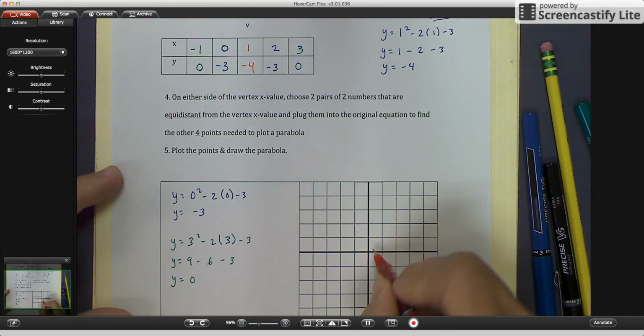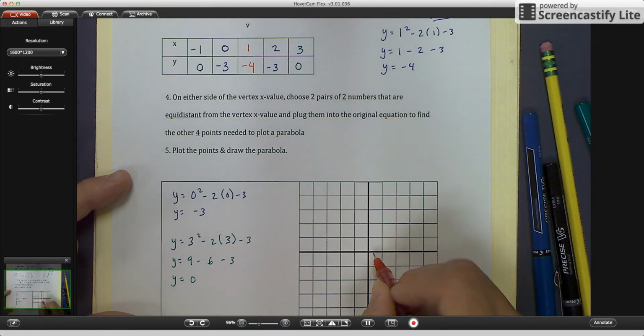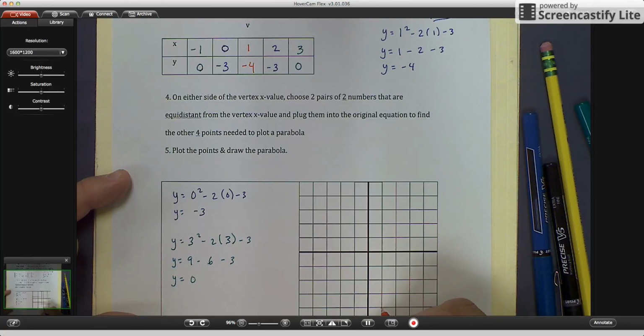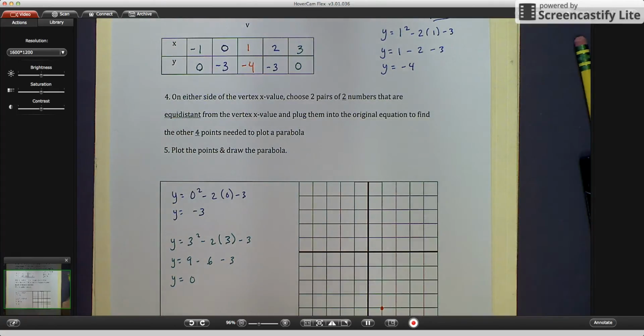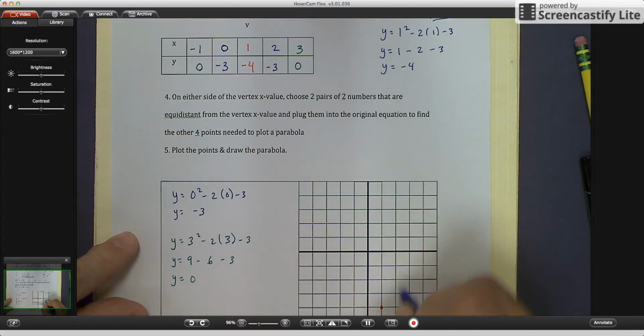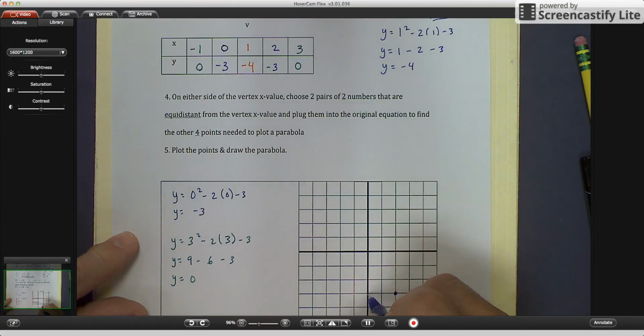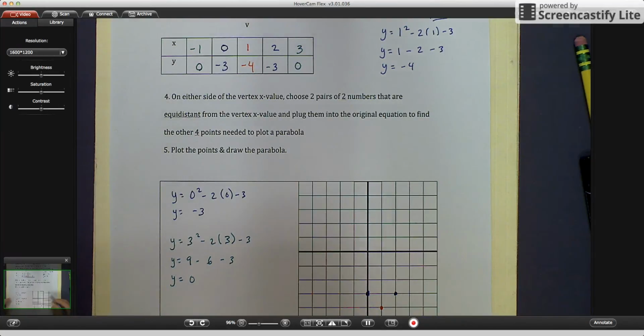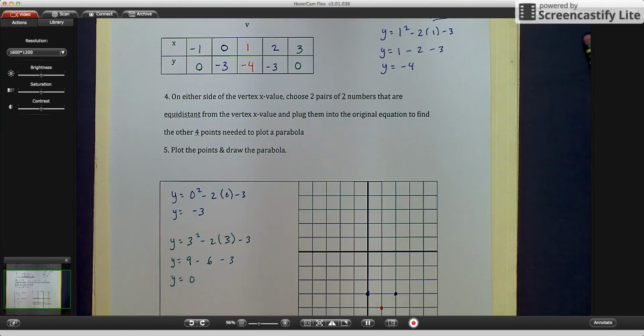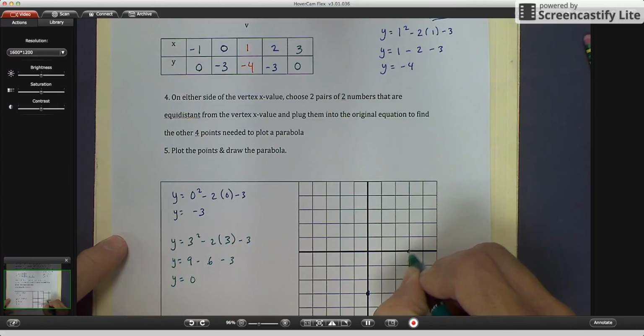Our first point, it works out nicely. We don't have to scale the graph at all. Positive 1, negative 4. That's our vertex. For our second point, we have positive 2, negative 3. We also have 0, negative 3. And for our third set of points, we have 3, 0.